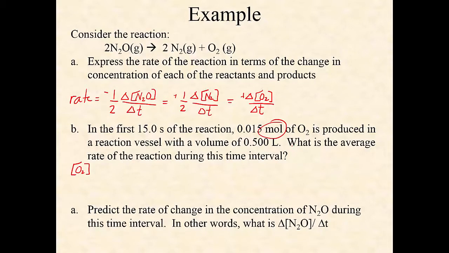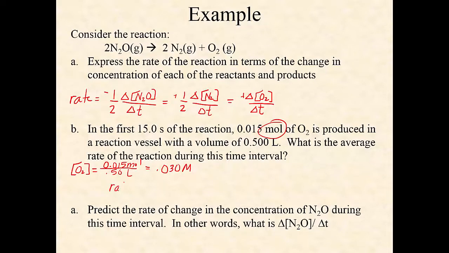So I need to have concentration, which is moles over liters. First you're going to have to get the concentration. You have 0.015 moles in 0.5 liters. Therefore, your concentration is 0.030. I'm keeping my significant figures, and this is the molarity of that oxygen. So what's the average rate?